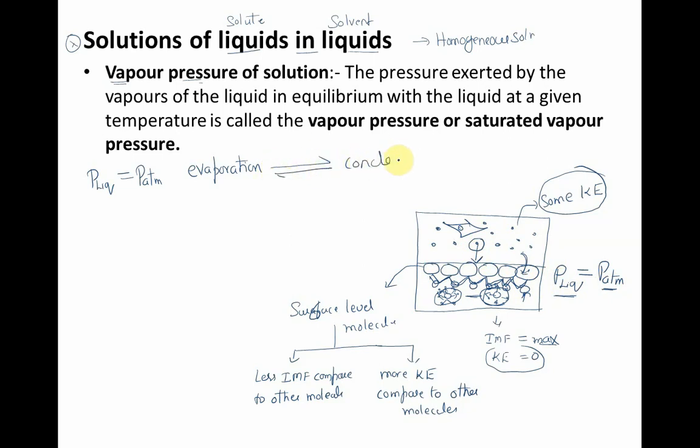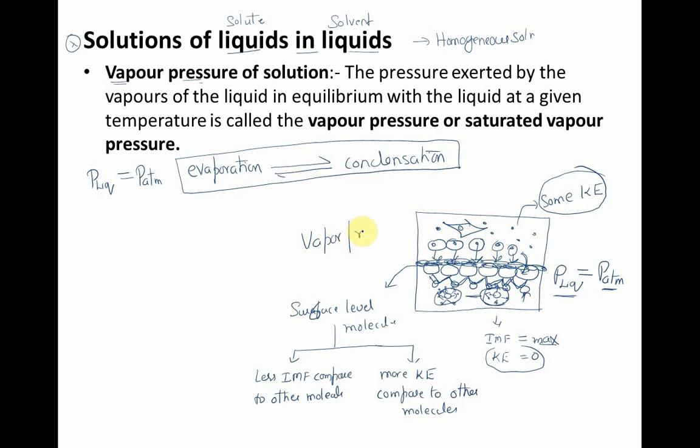Condensation also takes place, and there exists a dynamic equilibrium between evaporation and condensation at the surface of the liquid. This is because of the pressure created by the vapors on the surface of the liquid, which is called vapor pressure.